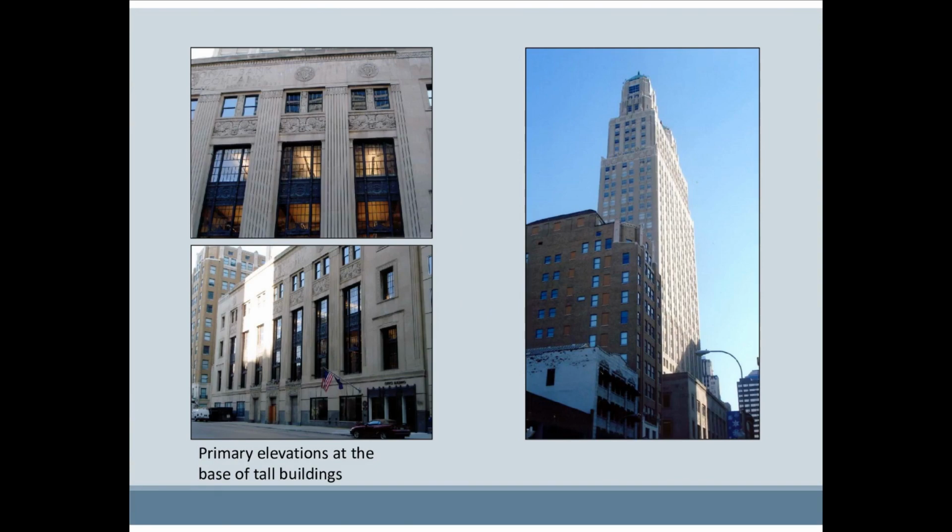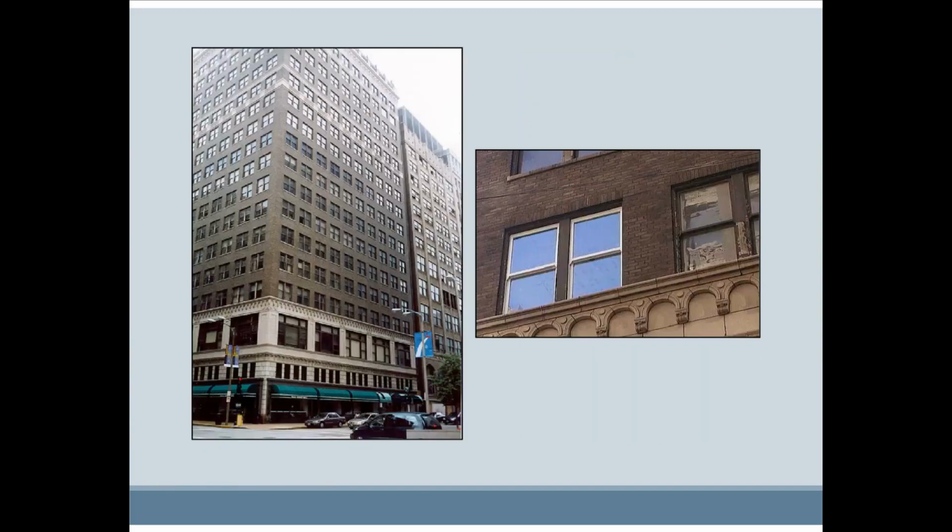Similarly, at the base of very tall buildings, both details and materials are important to the match of the replacement windows. Typically, the windows at the base of a tall building are different from the rest.